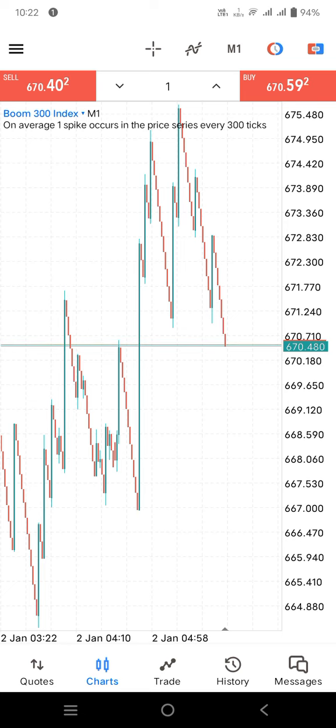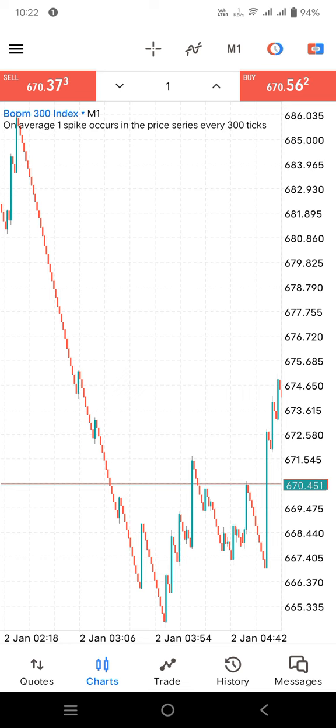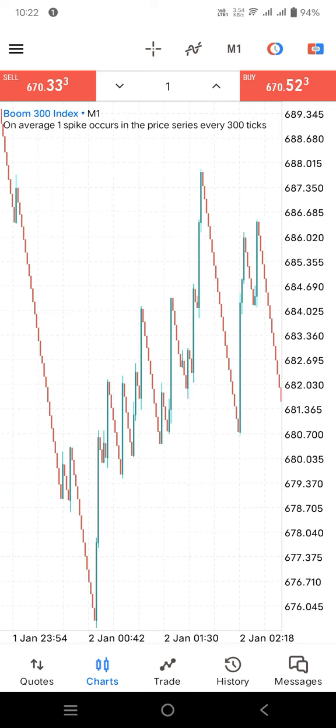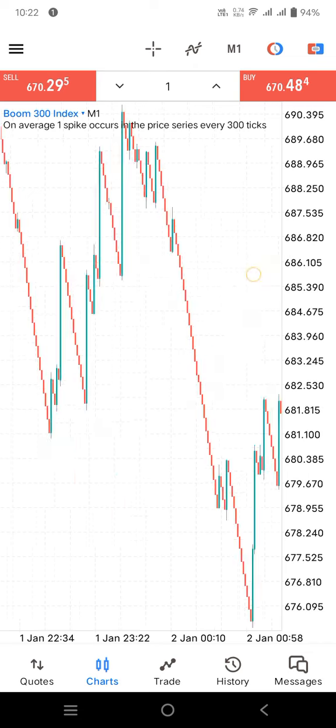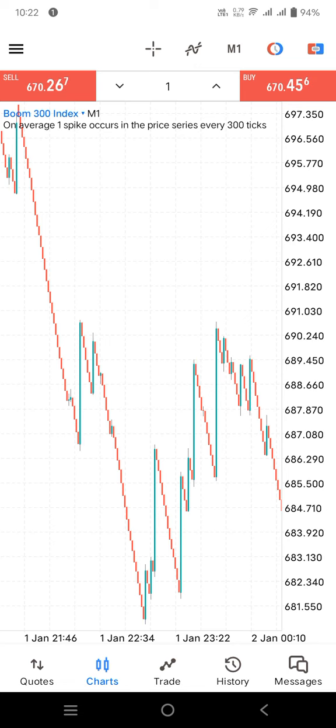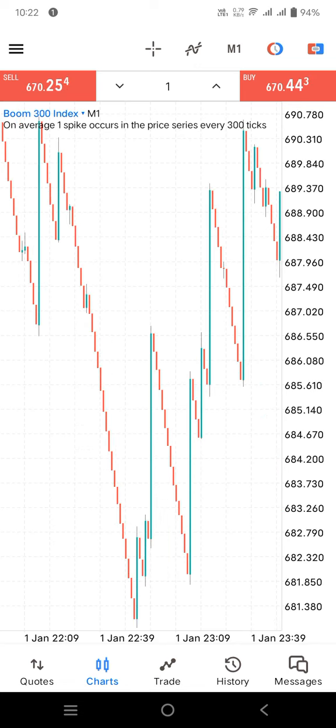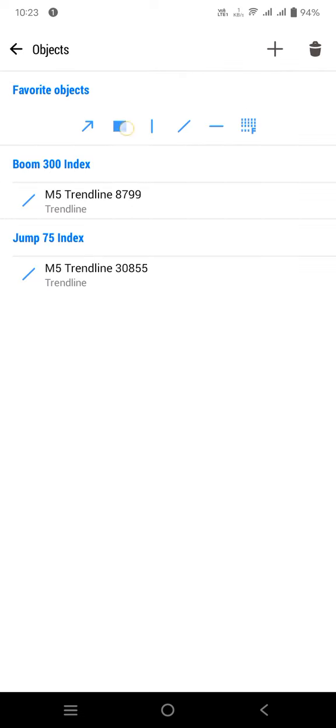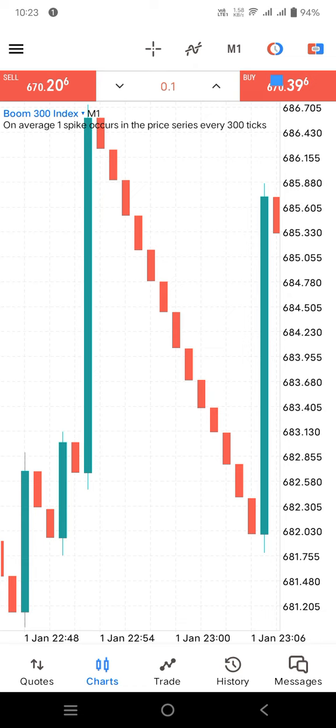Each time the market is going down in sell, this is the boom index. Each time the market is going down, and when you see that type of move, a spike will appear, and immediately a sell candle and then a spike.